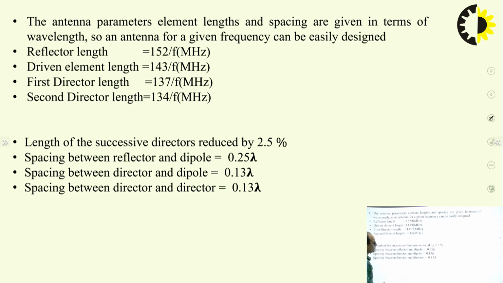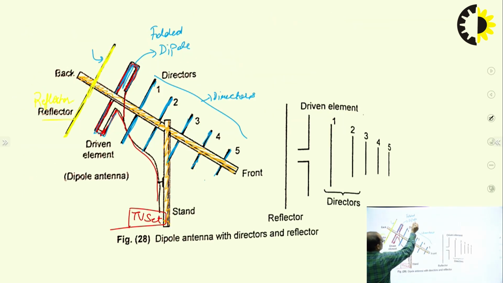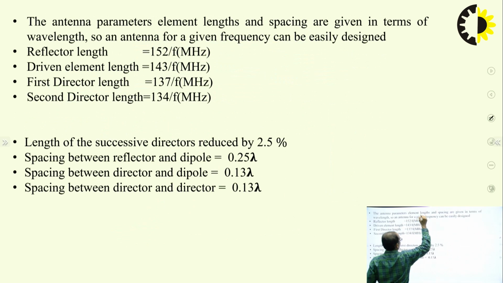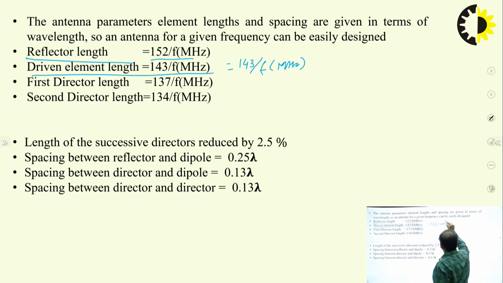First one is the length of the dipole antenna, equal to 143 by f, and the length of the reflector is equal to 152 by f, where the frequency should be in megahertz.